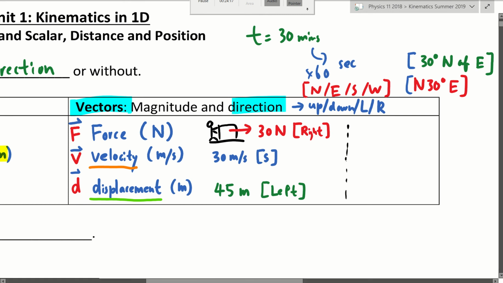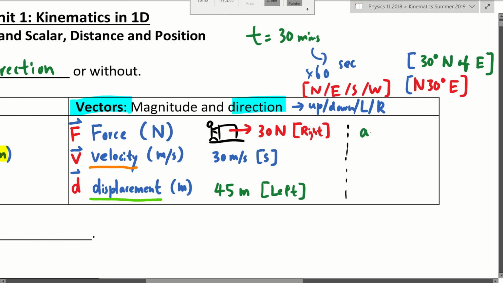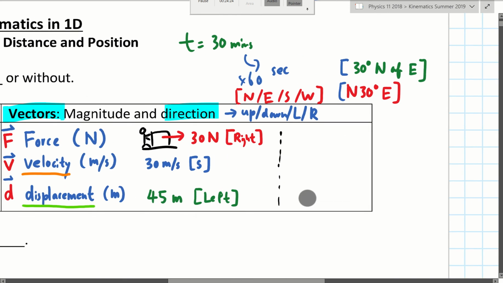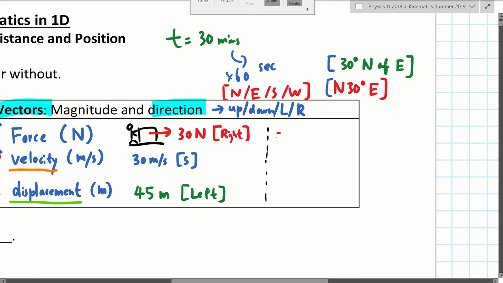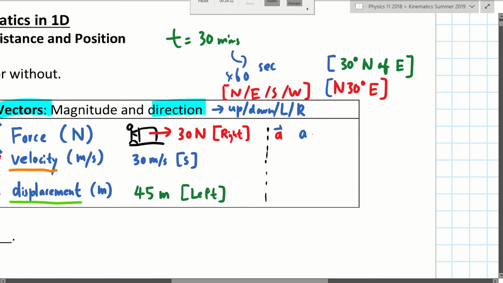Now there's one last one, which is called acceleration. And acceleration is every time you see an A in the equation in the formula sheets, right? That's acceleration. This is how fast your speed is changing, how fast you're speeding up or slowing down. Acceleration. Okay, so acceleration.